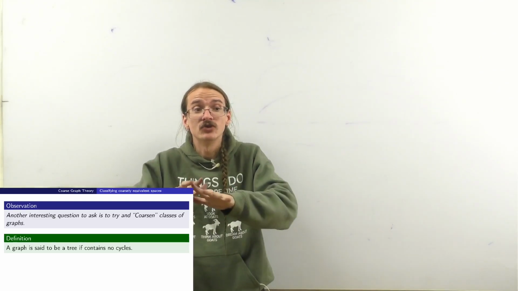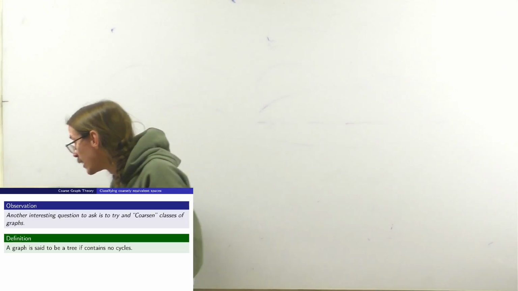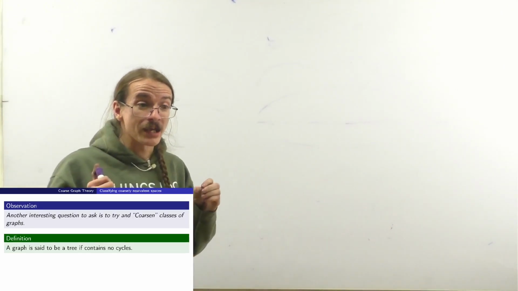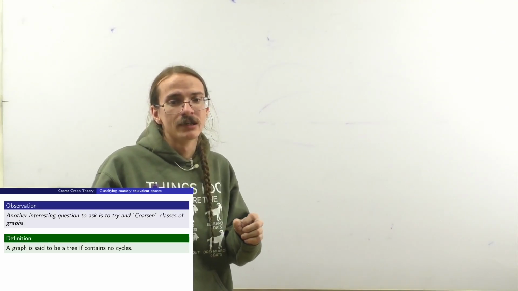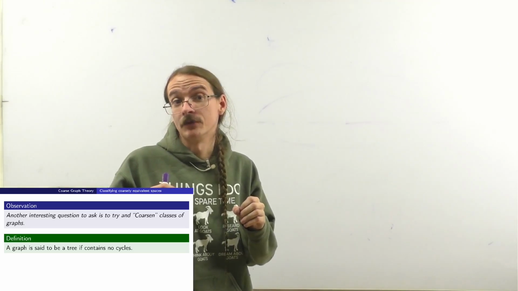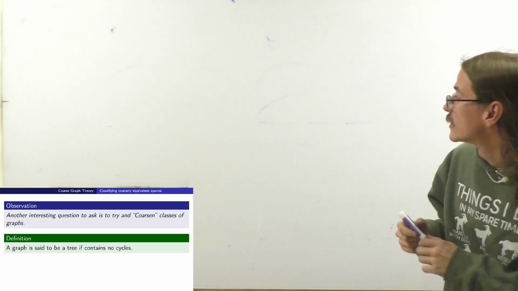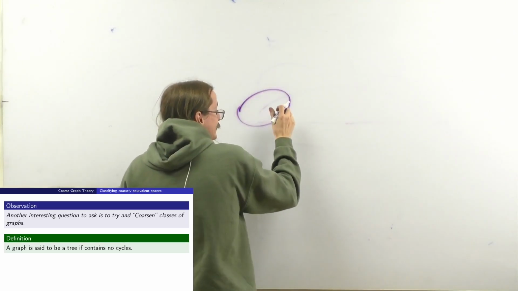Graphs are planar if you can draw them on the plane without crossing your edges. Planar graphs are complicated, and we don't dare begin to approach them here. So let's take something really simple. Trees.